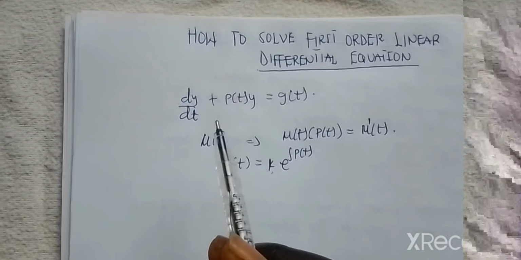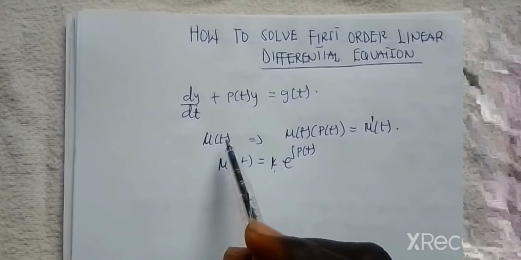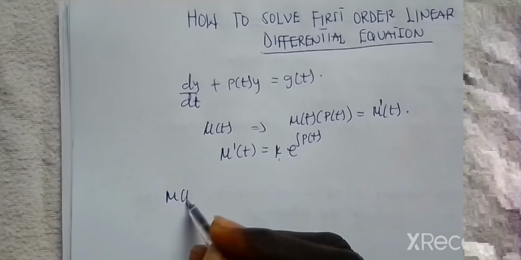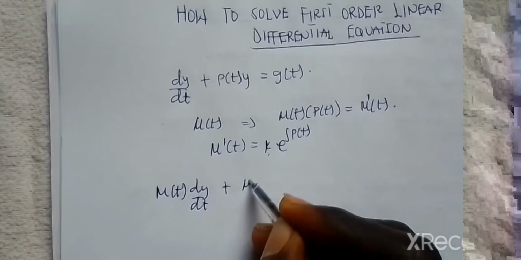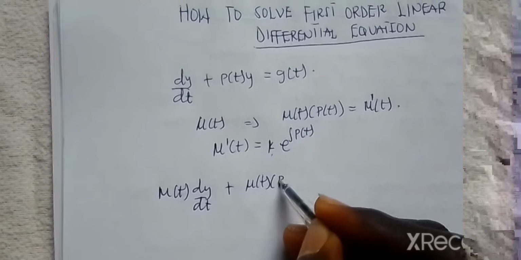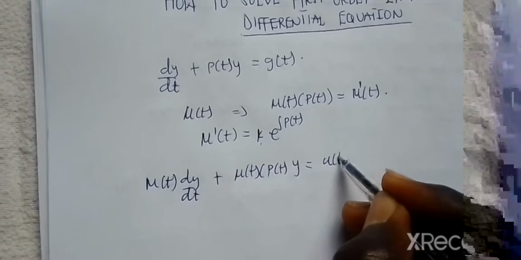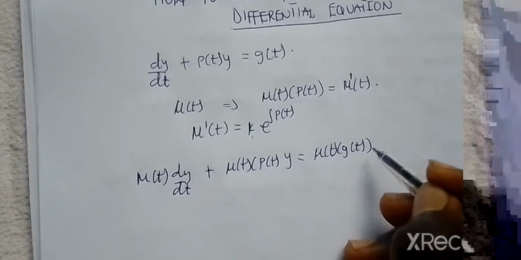What you are supposed to do is multiply every term of the equation by the integrating factor mu of t. So we are going to have mu of t multiplying dy over dt plus mu of t multiplying p of t y is equal to mu of t multiplying g of t.